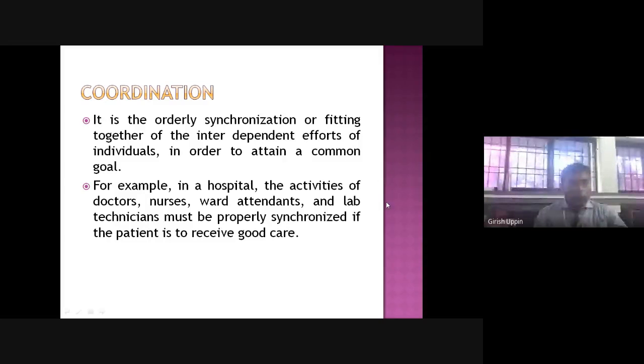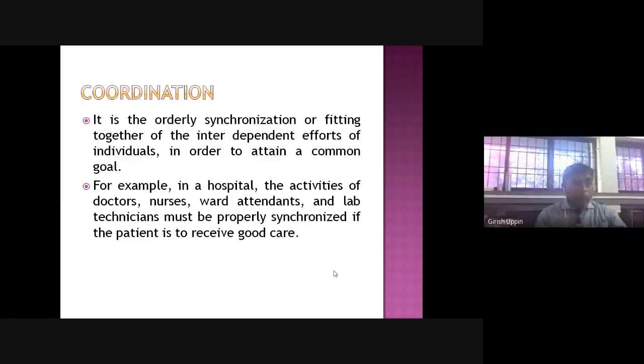One good example given here is the hospital. In a hospital, there are certain activities carried out by the doctor, certain by the nurses, ward attendants, lab technicians, and many different things. But if you see, they coordinate among themselves to take care of the patients.